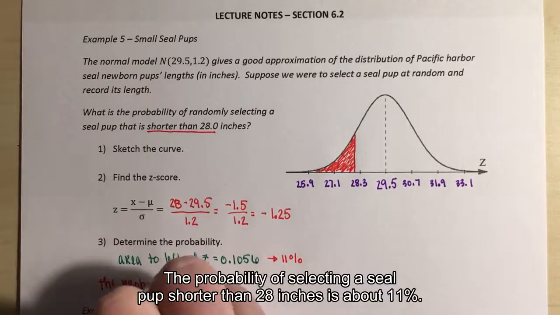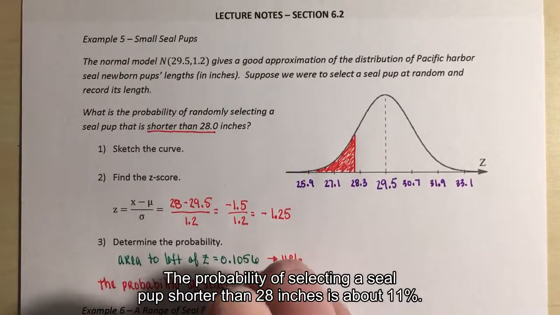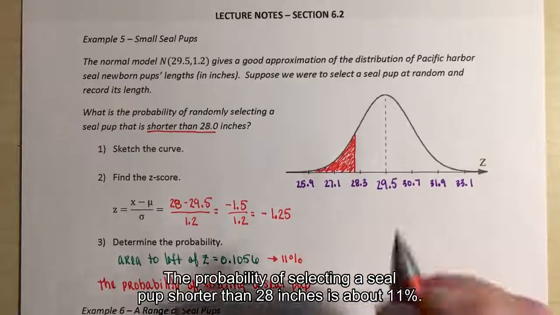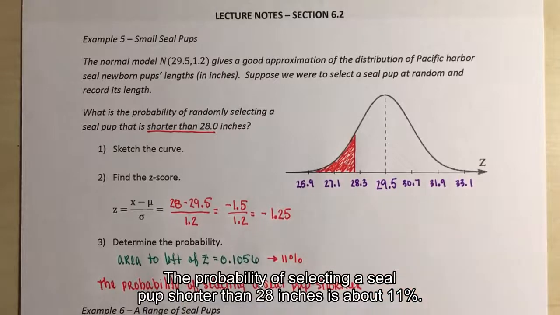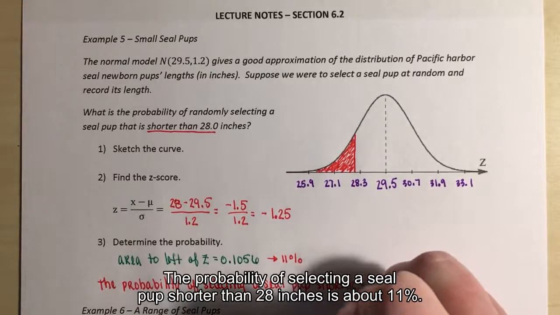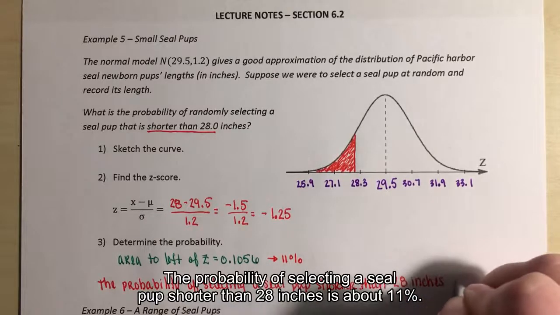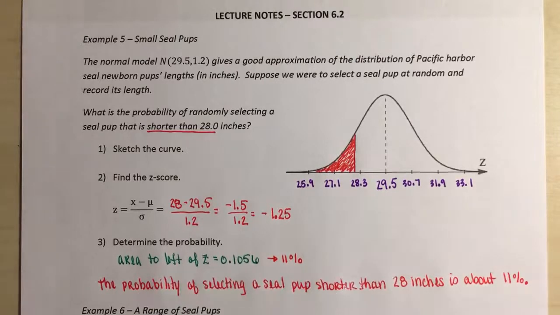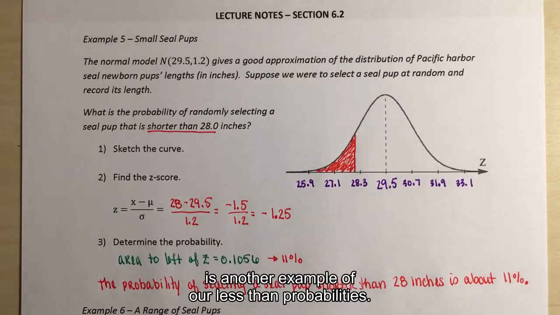So the probability of selecting a seal pup shorter than 28 inches is about 11%. Right. So what we have here in this particular example is another example of our less than probabilities.